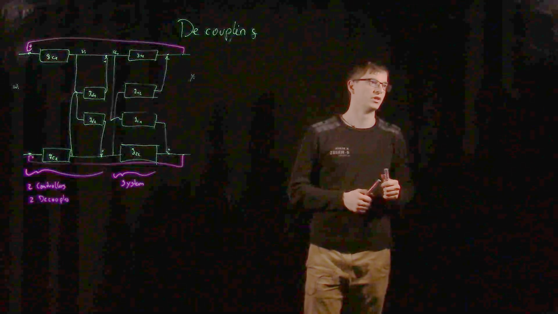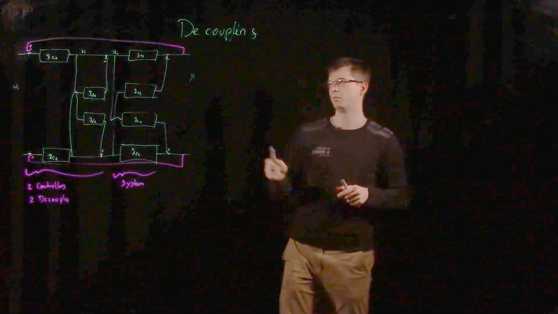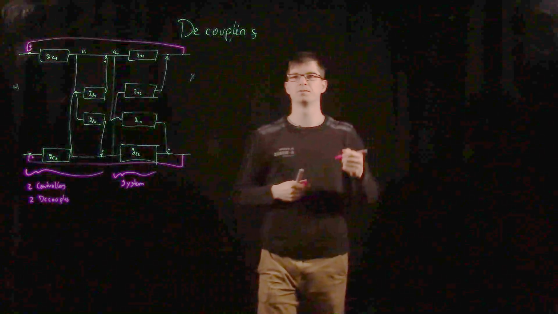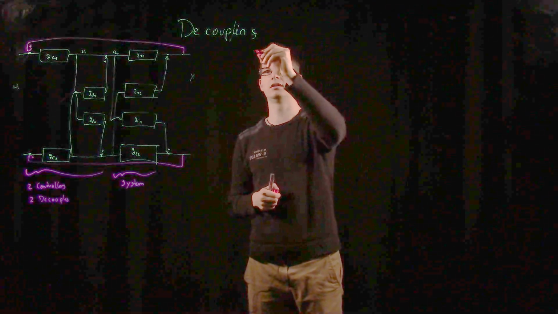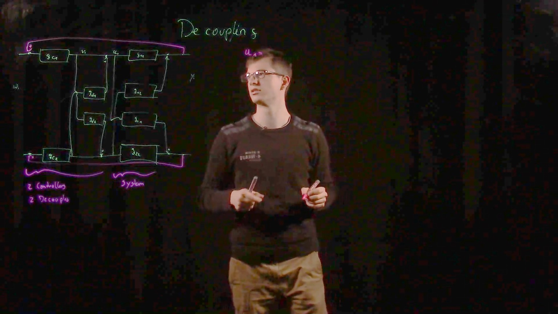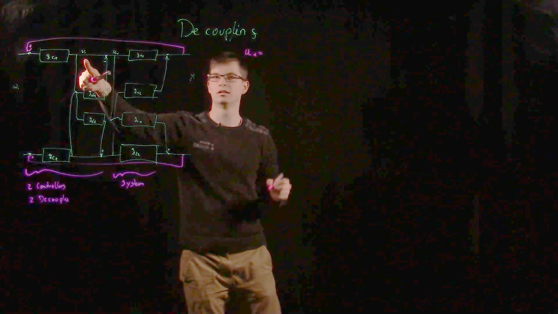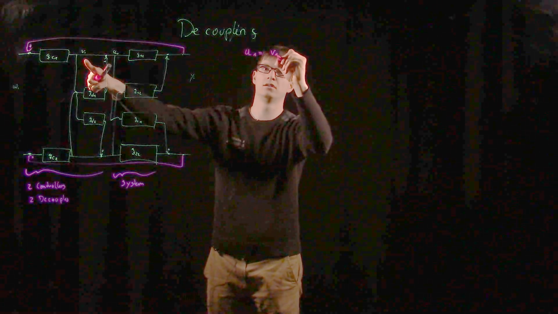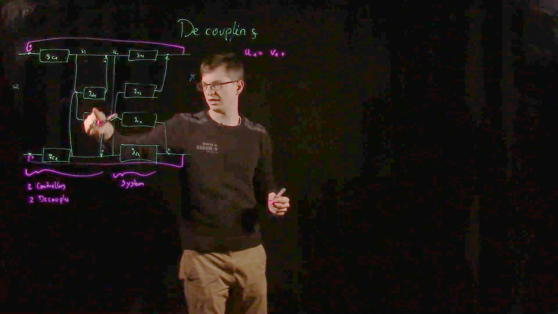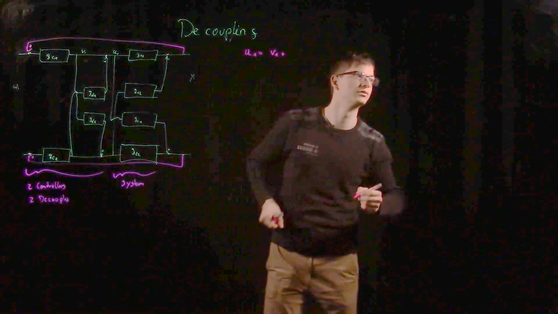What do we do? In the first place, we want to describe our U's as follows. U1 equals V1 on one side plus GD1 times V2.